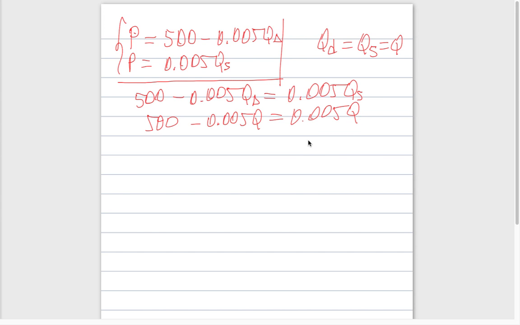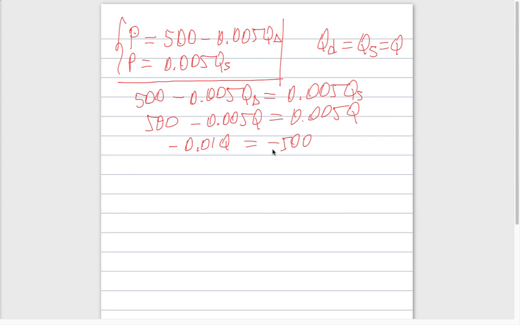0.005 Q. Now collecting the terms with Q onto one side and the constants onto the other side, we get 0.01 Q, the sum of the two. If I subtract 0.005 Q from both sides, I get this value, and if I subtract 500 from both sides, I get minus 500 on this side.